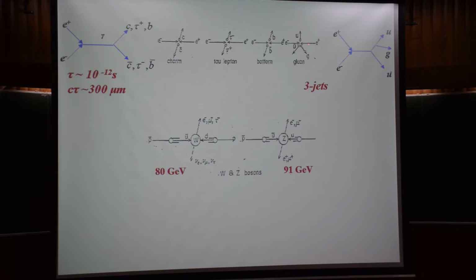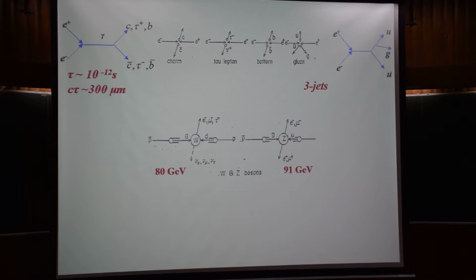Okay. Gluon is a slightly different story. What happened? This is the Feynman diagram. Electron positron through a virtual photon goes into a light quark pair, quark and antiquark. Occasionally one of them will radiate a gluon, just like an accelerated electron radiates a Bremsstrahlung photon.